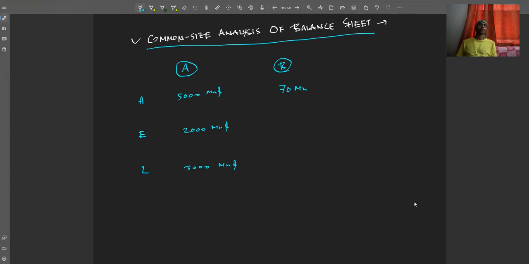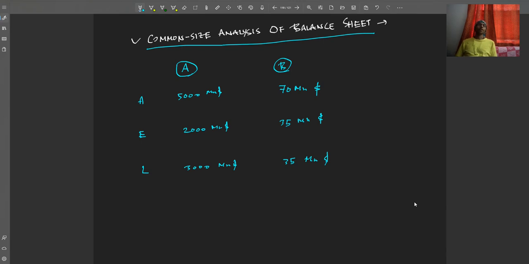The expression is in millions. So this is $70 million in assets, $35 million in equities, and $35 million in liabilities. Now, how do we compare them?